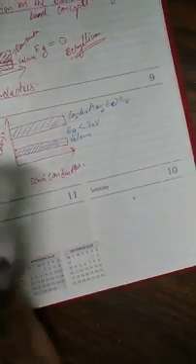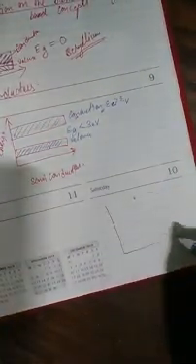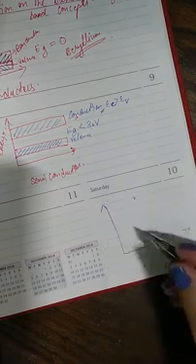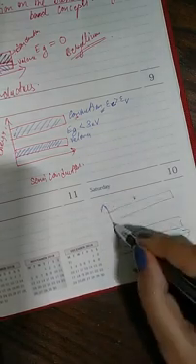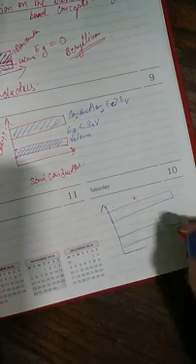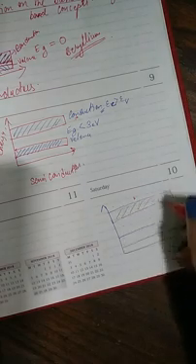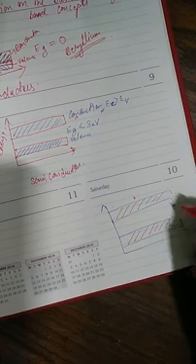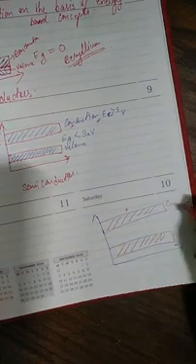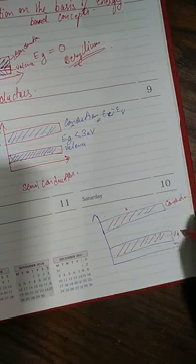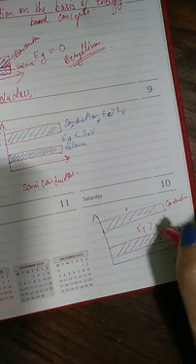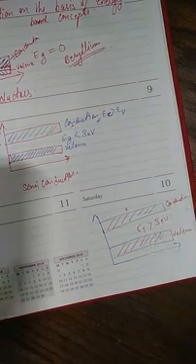Now the third type of material we are going to talk about is insulator. For insulator, this is conduction band, this is valence band. The energy gap is greater than 3 electron volt.